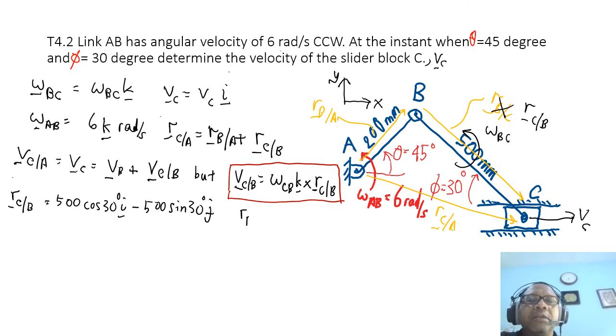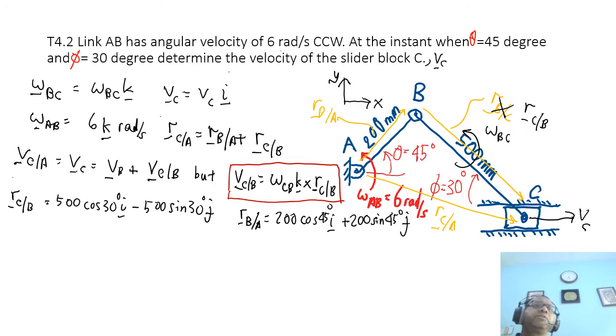Position vector B relative to A is 200 cos 45 degrees I plus 200 sine 45 degrees J. So that is position vector B relative to A.